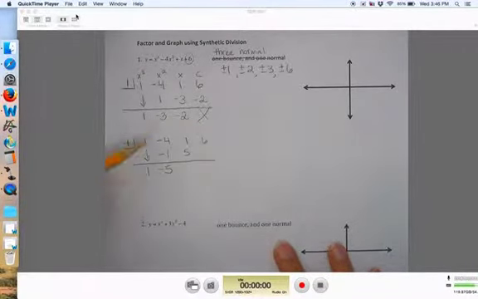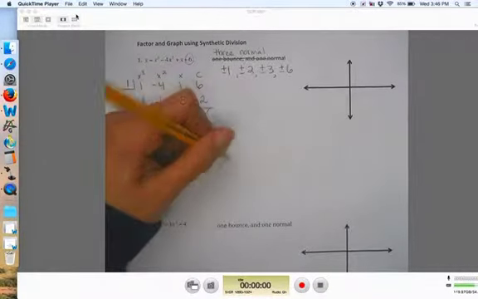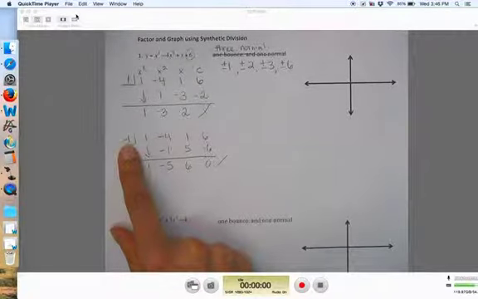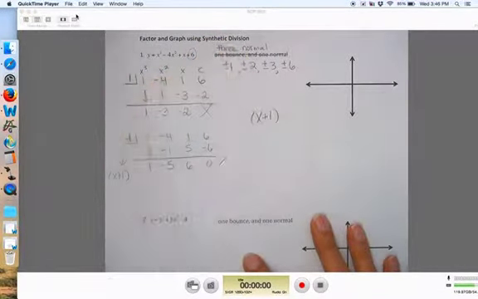And then add 1 plus 5 is 6. Multiply -1 times 6 is -6. And we get 0. So that means -1 is one of the x-intercepts on our graph, which would go with the factor x plus 1. So one of our factors is x plus 1.